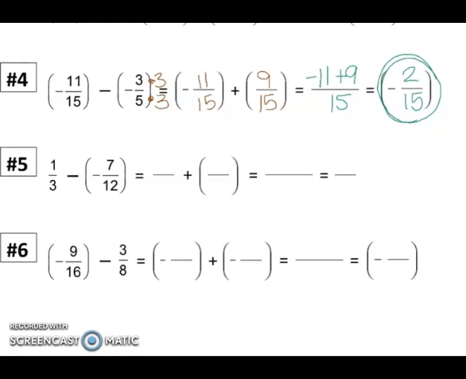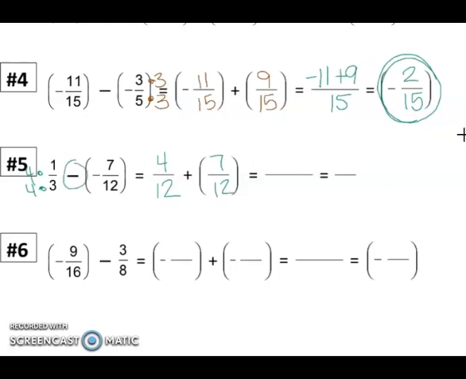Number 5, I have 1/3 minus negative 7/12. So the least common multiple would be 12. I multiply the first fraction by 4, top and bottom, to give me 4 over 12 plus 7 over 12.